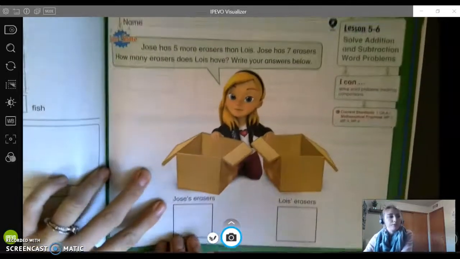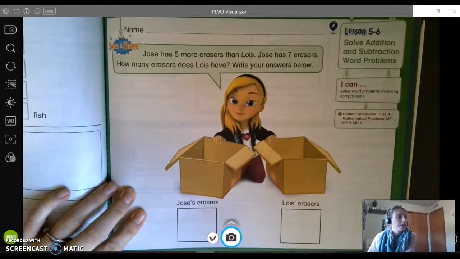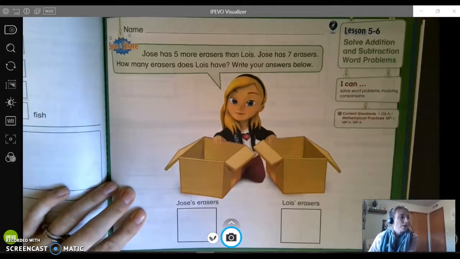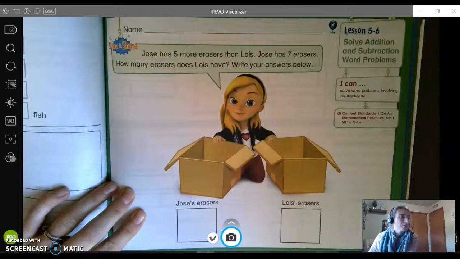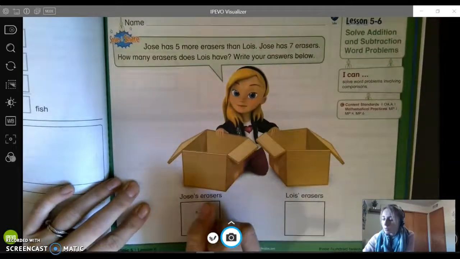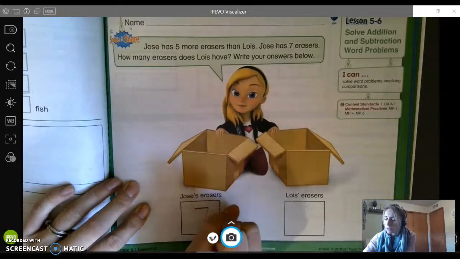So our first question today is Jose has 5 more erasers than Lois. Jose has 7. So how many erasers does Lois have? Okay. So we know from the math problem that Jose has 7. So I'm going to draw 7 here.